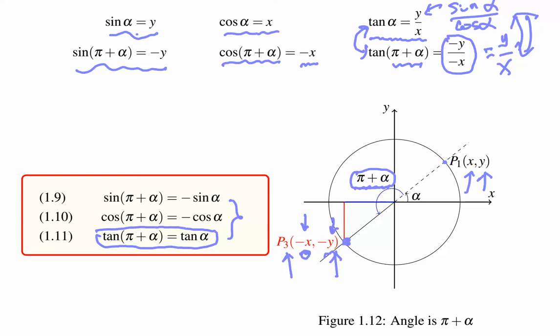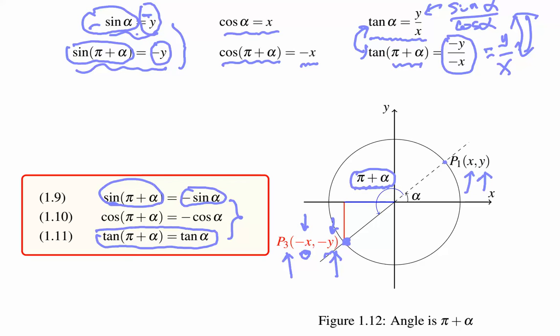If you look at the first group and put a negative on both sides, you will see negative y equals negative y. Then sine of pi plus alpha, which is the one right here, should be equal to negative sine alpha. That's the one here.